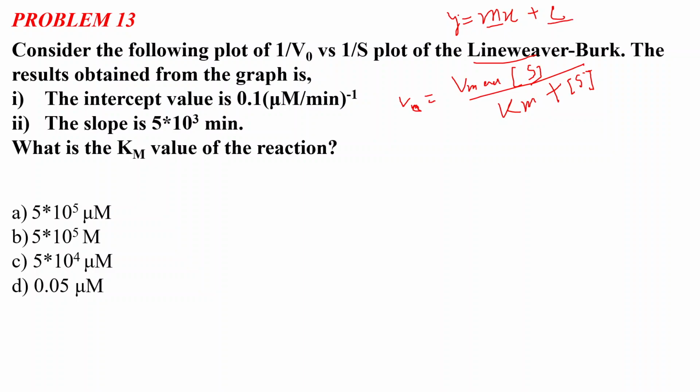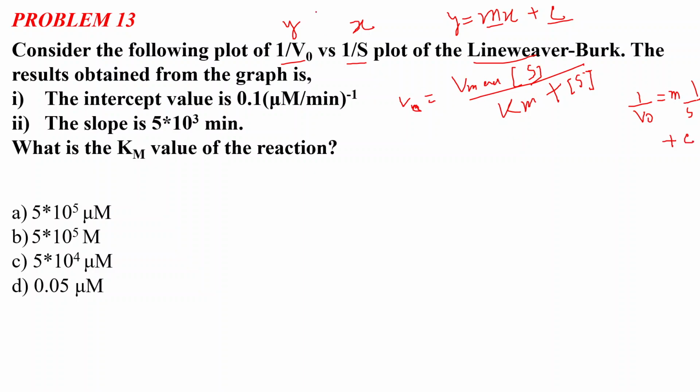Now you have been asked to consider the plot of 1 by V0 versus 1 by S. So y equals 1 by V0, and x equals 1 by S. Try to rearrange the equation so that 1 by V0 equals the slope m into 1 by S plus the intercept c.